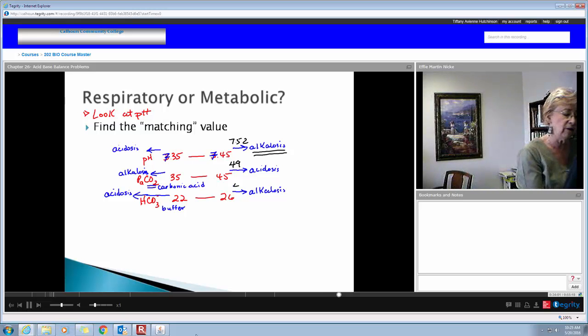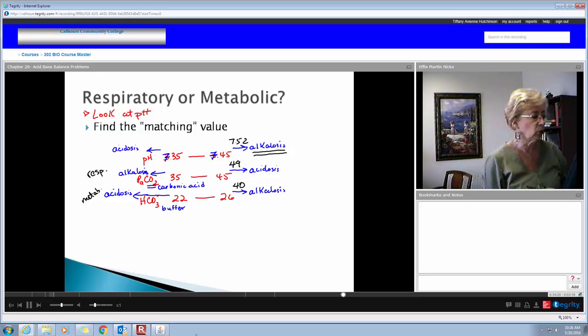She's got 40 milliequivalents of bicarb. So here's what we mean by matching value. Oh, by the way, the other thing I'd recommend you write is that your CO2 is your respiratory parameter. Remember that? And your HCO3 is your metabolic parameter. That's important. So write that on there too.